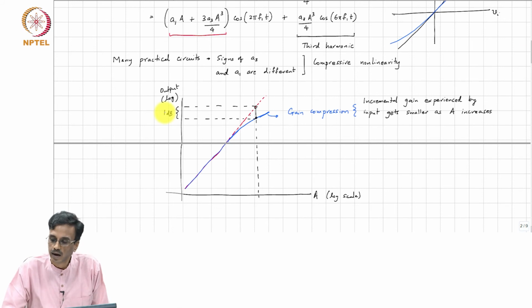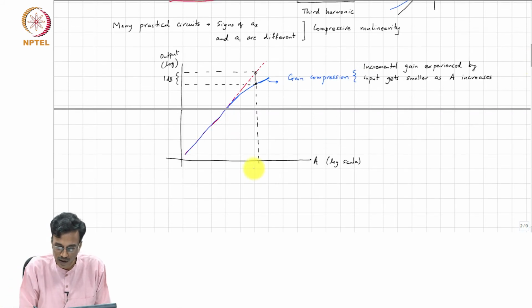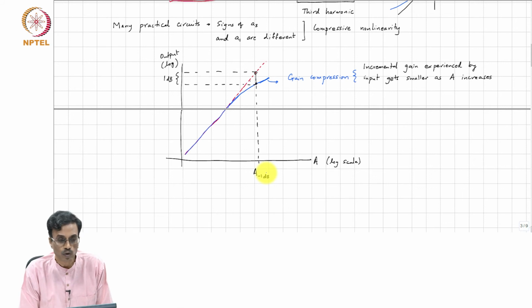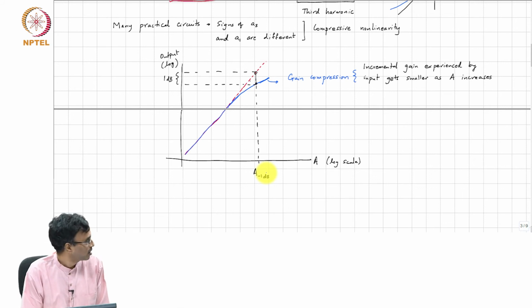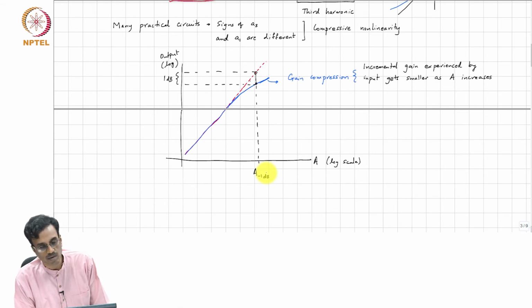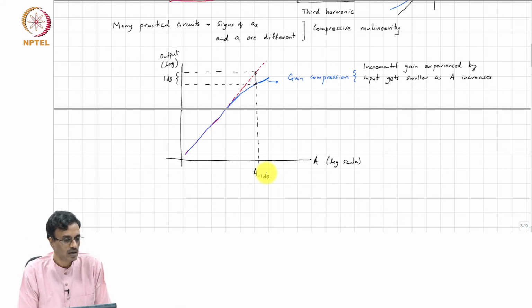And so, this is called the A minus 1 dB, where that minus 1 dB indicates that for this value of amplitude, the amplitude of the output is smaller than what would be obtained from an ideal linear amplifier by 1 dB, right.